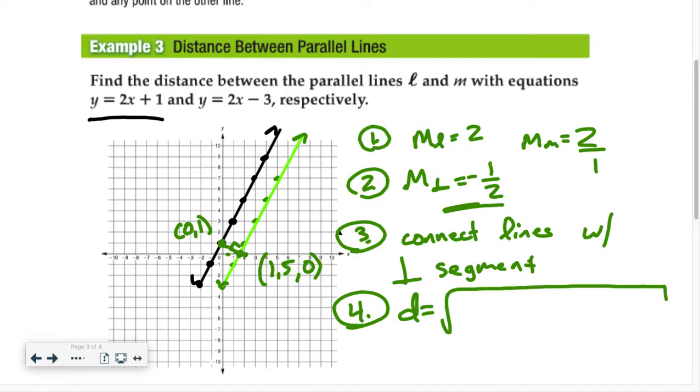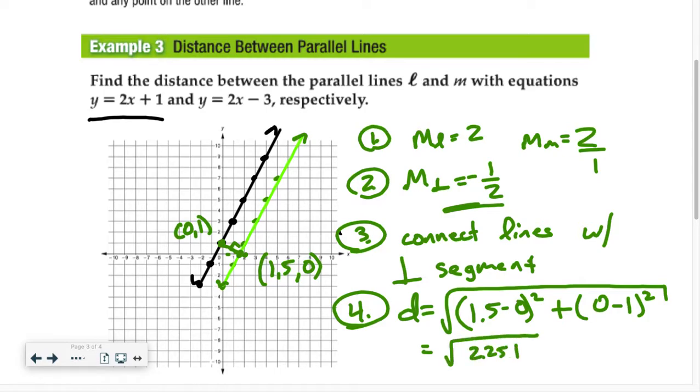So subtracting x values, you've got 1.5 minus 0 squared plus, subtract the y values, 0 minus 1 squared. And of course, having a scientific calculator is handy here. So 1.5 squared is going to be 2.25. Plus, well, -1 squared is 1.